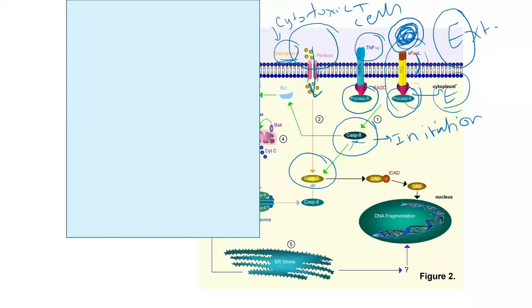This is the granzyme B, and this comes from cytotoxic T cells. Okay, so the cytotoxic T cells also secrete what is called granzyme B, and this granzyme B is injected through the cell membrane of the target cell, and it directly activates caspase 3.